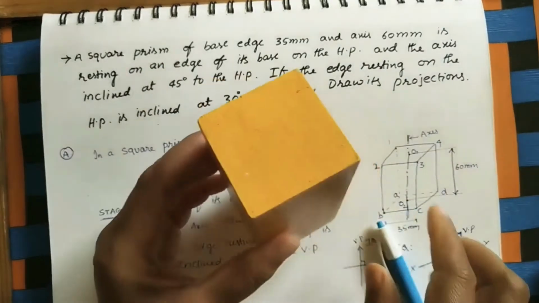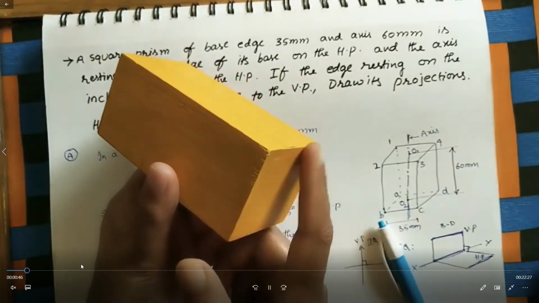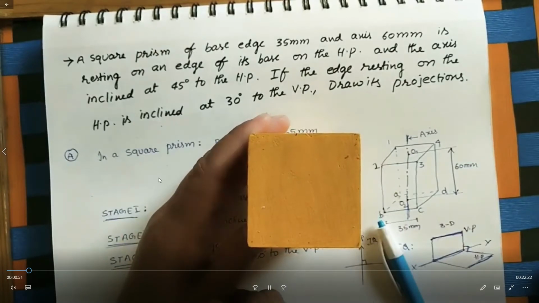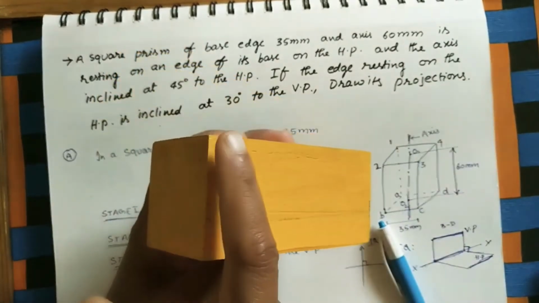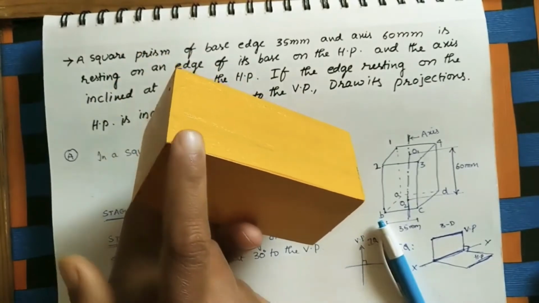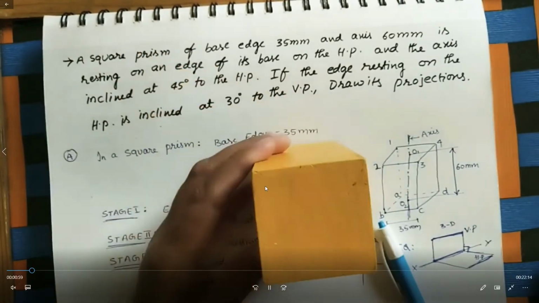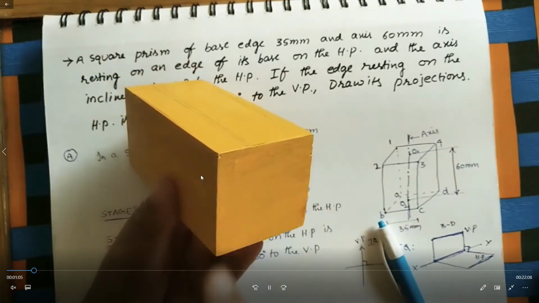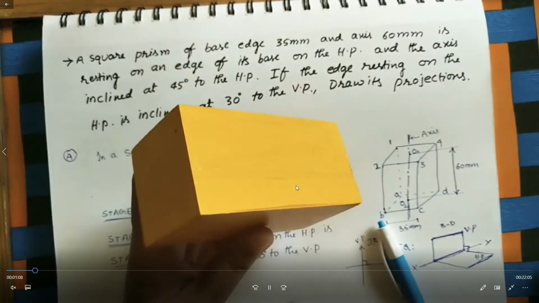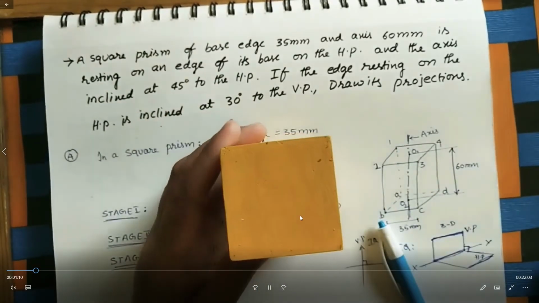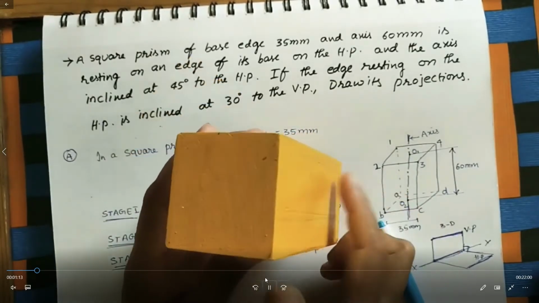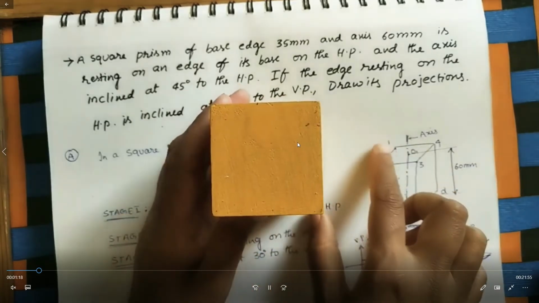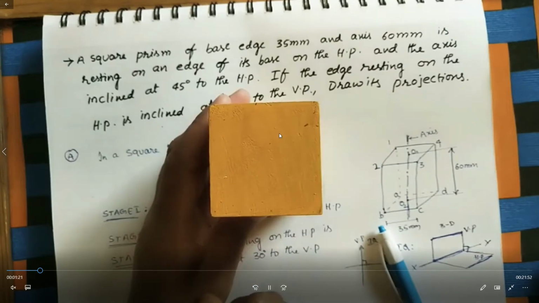what is the given data here? The given data is a square prism with base edge 35 mm and axis 60 mm. This square prism has an edge of 35 mm and an axis of 60 mm, resting on the edge of its base on the HP. The first stage is resting on an edge of its base on the HP.